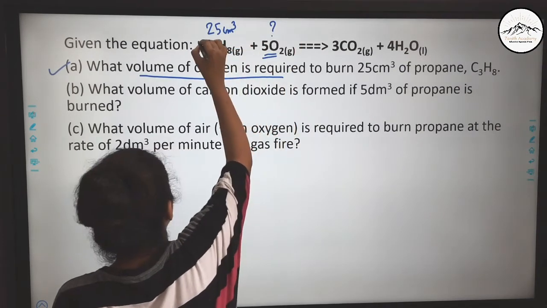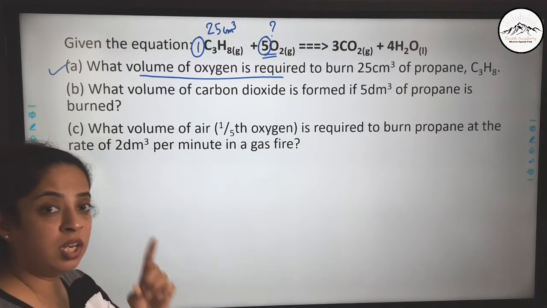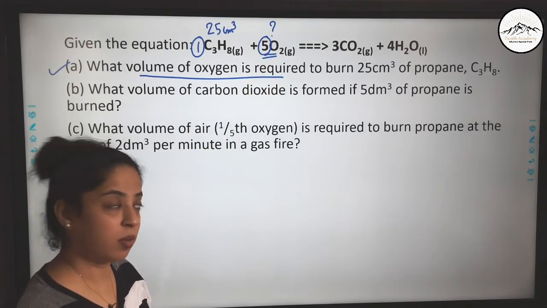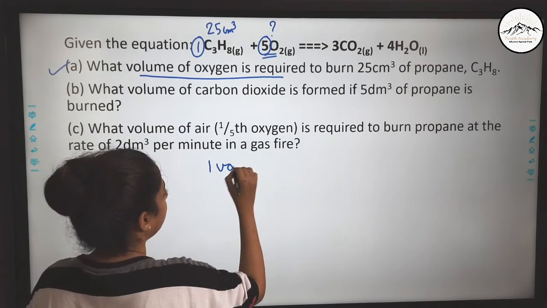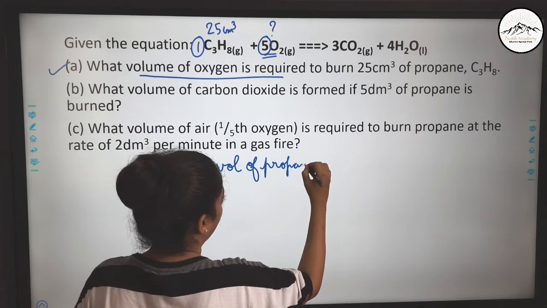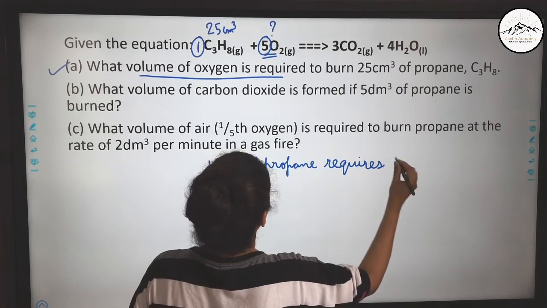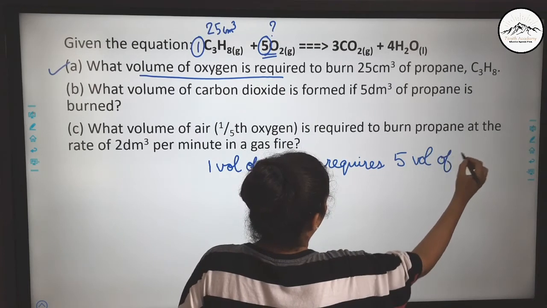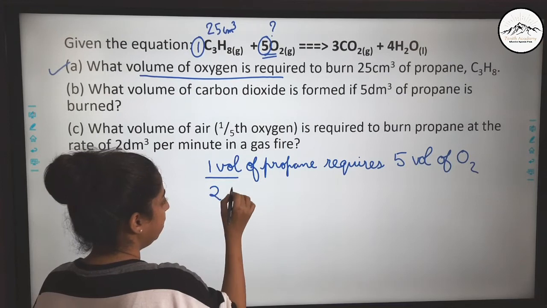So if we see the ratio, this is 1:5, means 1 volume of propane requires 5 volumes of oxygen. Okay. So now 1 volume is corresponding to 25 centimeter cube.